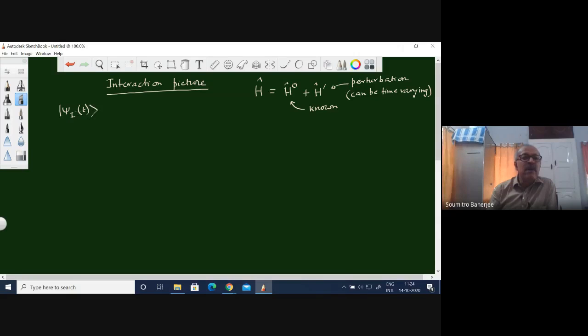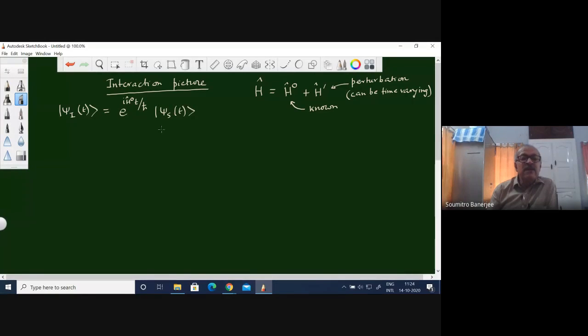It will be time dependent, but this will be formulated exactly the way we formulated the Heisenberg part. So it will be e to the power i H naught t by h cross, the operator times the Schrodinger picture psi.